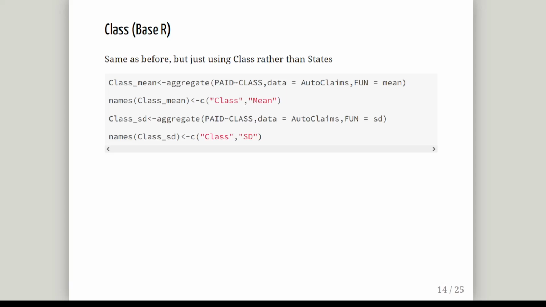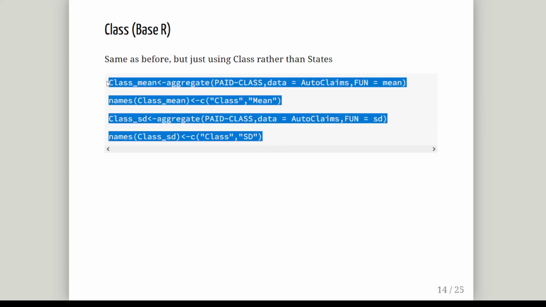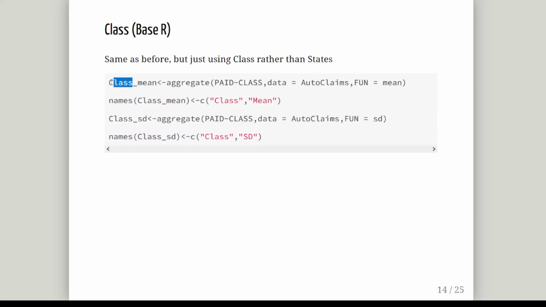So the second part is we have to look at the class variable. It's more or less the same as state, so I'm going to run through this fairly quickly. Essentially this is an analysis and code I've used before, but rather than using state, I am using class.